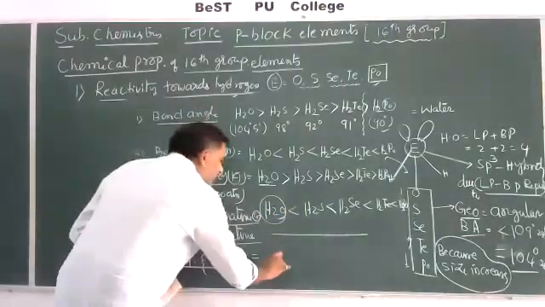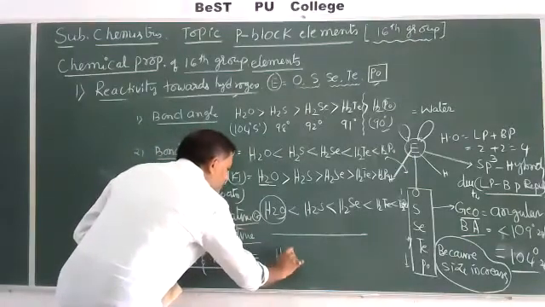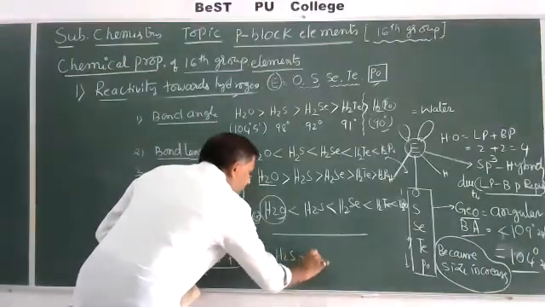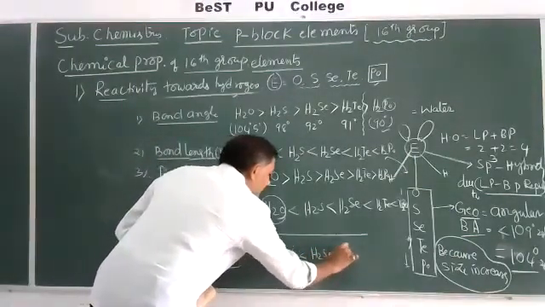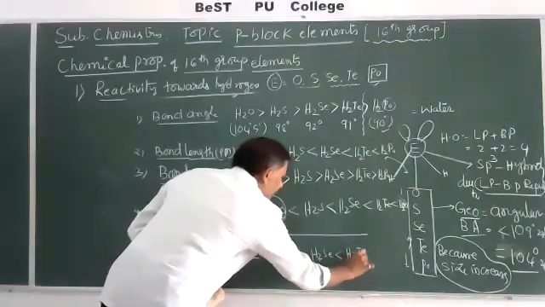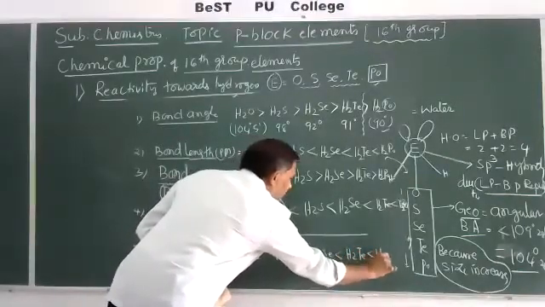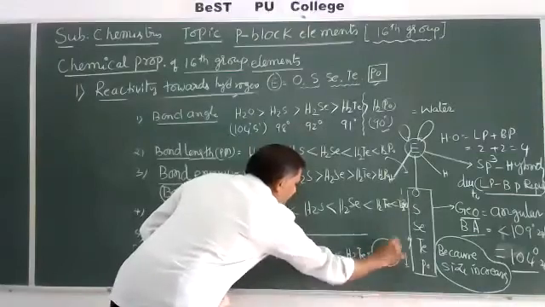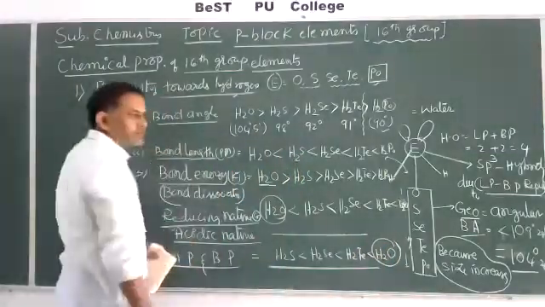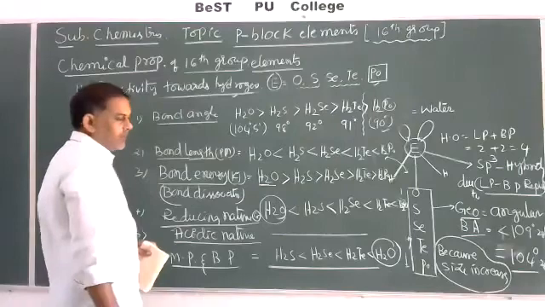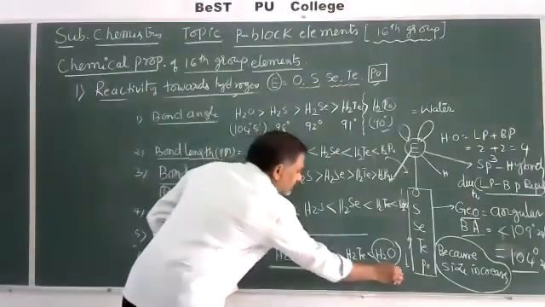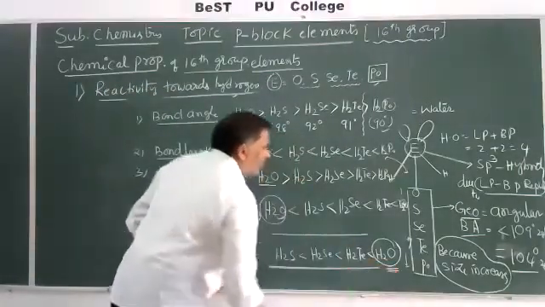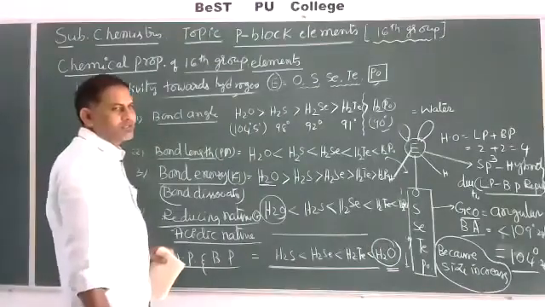That means H2S is less than H2Se, less than H2Te, less than H2O. This is very, very important. Water has the highest boiling and melting points.